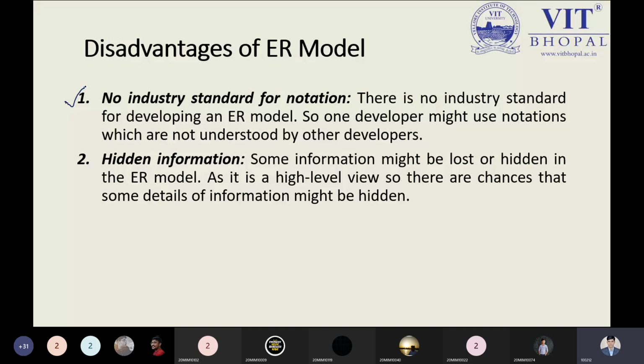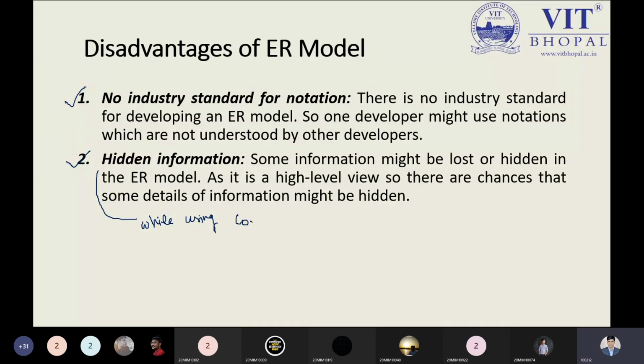But the point we have to keep in mind: some information is hidden. How can you say? We are not expanding the address in detail, in this composite attribute. We have to keep in mind that the address will hold the information of various sub-attributes. I can write over here: hidden information while using composite attribute.